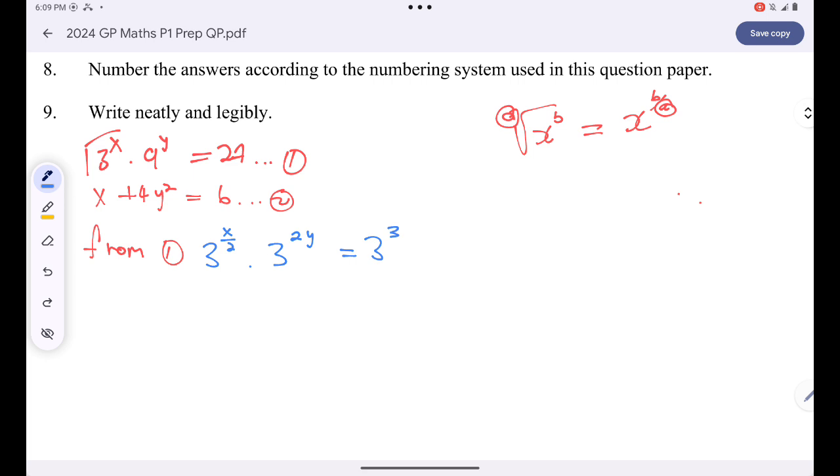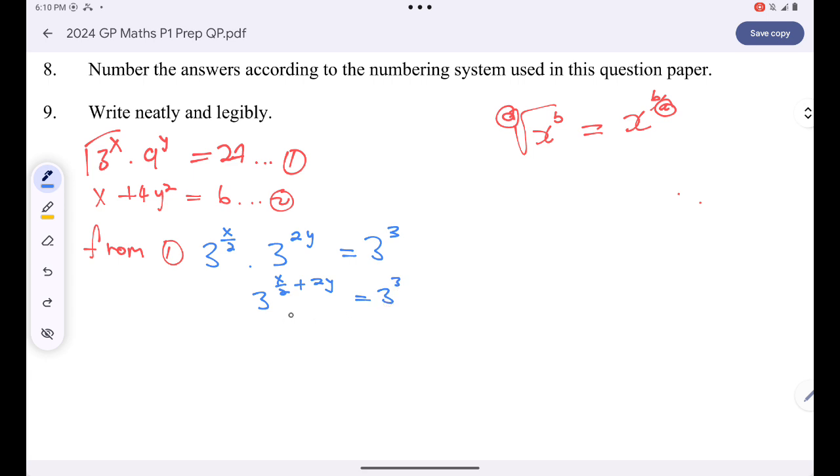On the left hand side, I have bases that are the same multiplying one another, so I can simply take one base and then add my exponents. I'll end up having x over 2 plus 2y is just equal to 3 to the power 3. Are you together?